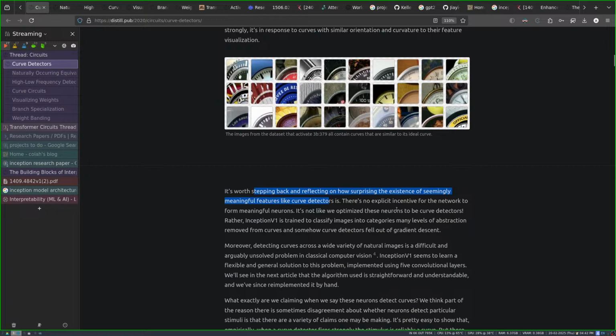There's no explicit incentive for the network to form meaningful neurons. Inception Vision is trying to classify images into categories, many levels of abstraction removed from curves, and somehow curve detectors fell out of the gradient descent.